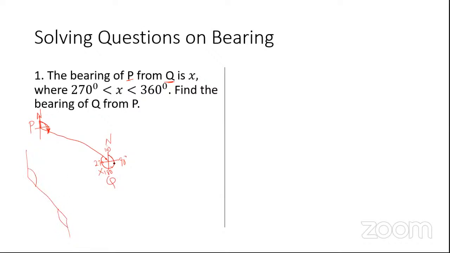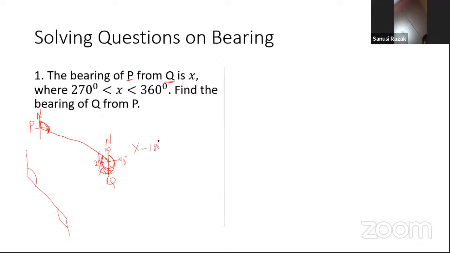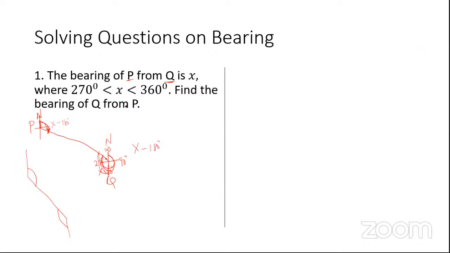So if the whole of this is X, then from here to here we move 180 from it. So it means X minus 180. This place will be X minus 180 degrees. So that's the solution to that.